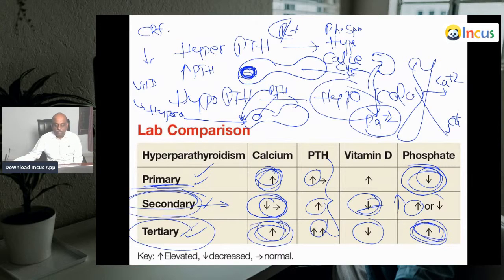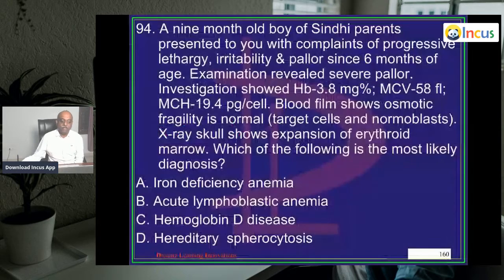So tertiary hyperparathyroidism is autonomous, independently functioning parathyroid glands in renal failure. Renal failure is a state of hyperphosphatemia. That's the reason tertiary also has hyperphosphatemia. That's what you need to remember.